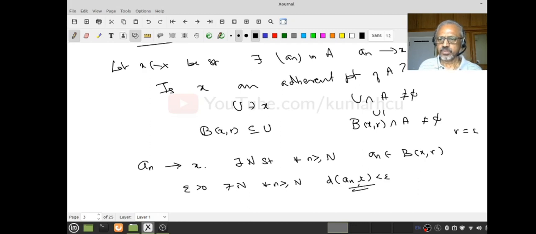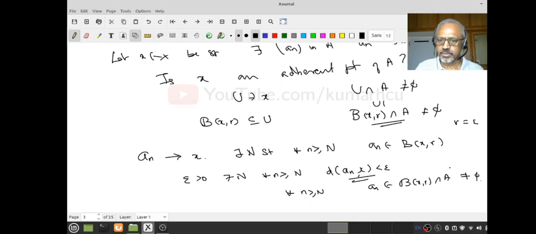So if I take my epsilon equal to r, for this epsilon there is a natural number so that all the a_n's are going to be there. Therefore, for all n greater than or equal to capital N, a_n belongs to B(x, r) intersection A, and therefore this is not empty. So we have proved it.